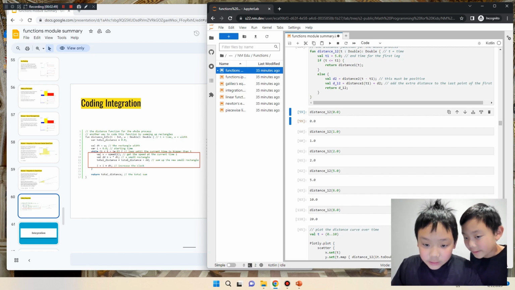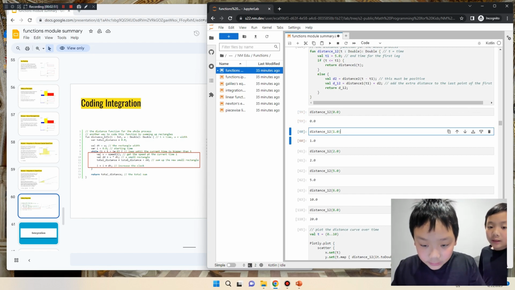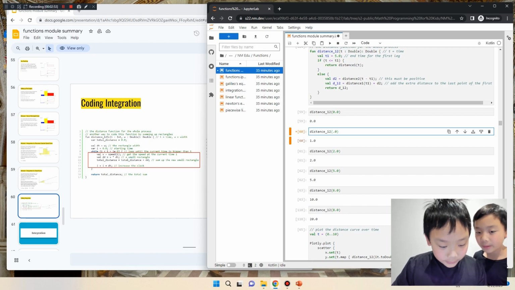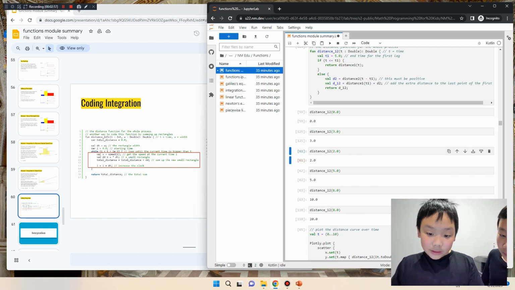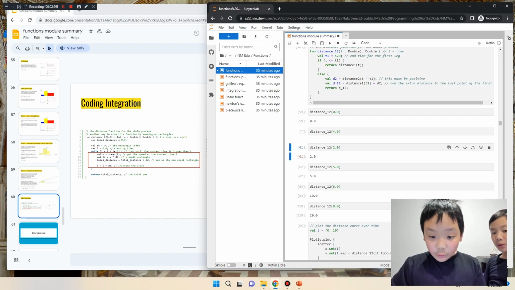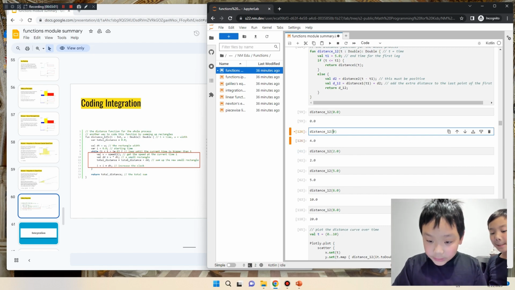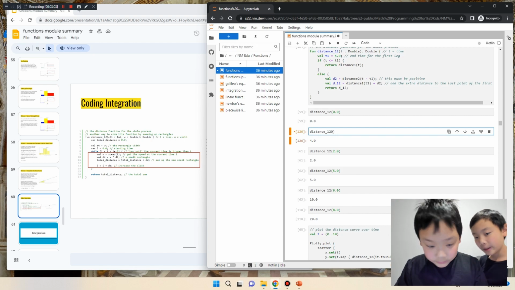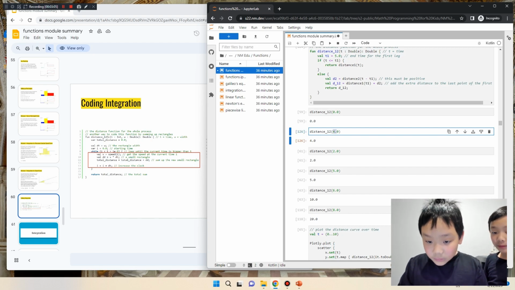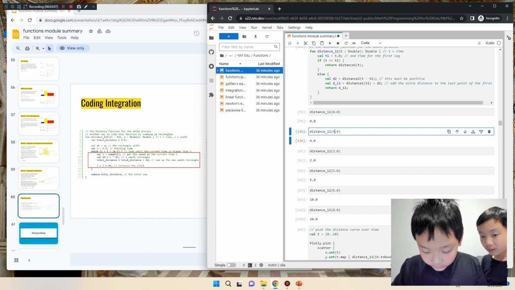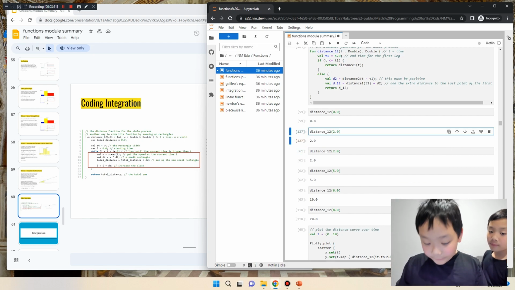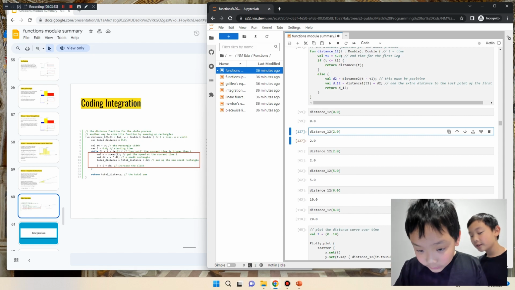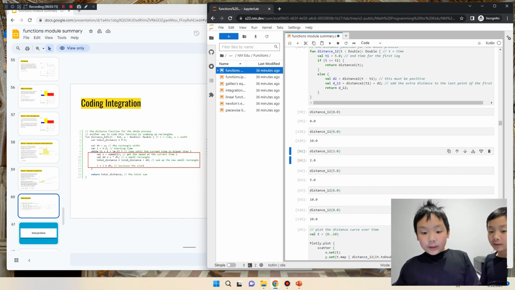So like in the first 5 seconds, let's say we put 3, it will travel 1 meter per second. Like 3. If we give it 4, it will travel 4. If we give it 2, it'll give us 2. But if we go above 5, like let's say 6, it will give us 10.